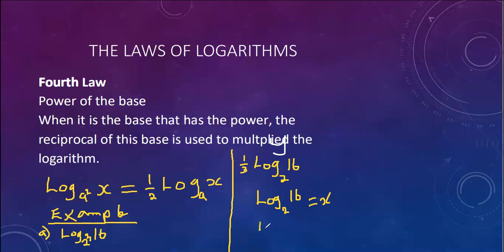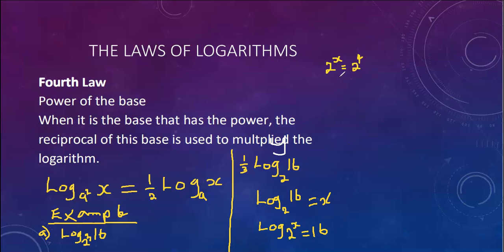Then we are going to have log 2 raised to the power of x equal to 16. So we simplify this. Let's give this the base 2 too, so it's going to be 2 raised to the power of 4.